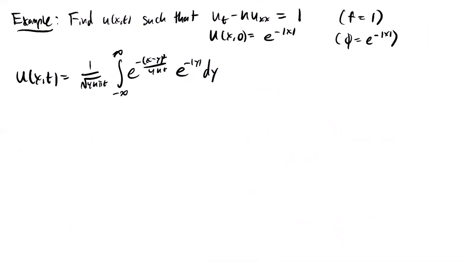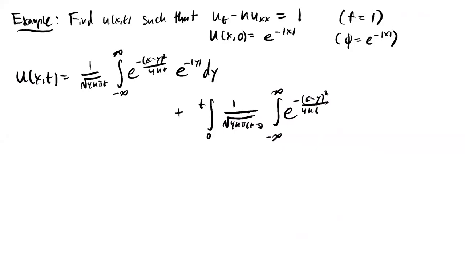And then I have the other term, which is like the forcing term, which involves this function f, which is the integral from 0 to t. And now I have my solution operator at time t minus s, right? So this is 4k pi t minus s, integral from minus infinity to infinity, e to the minus x minus y squared over 4k.